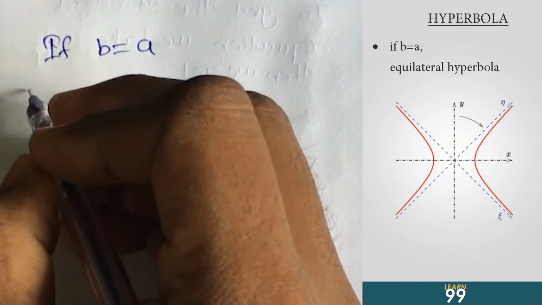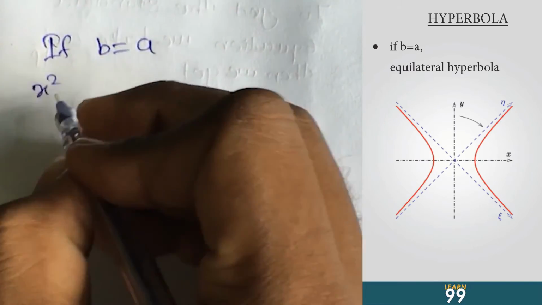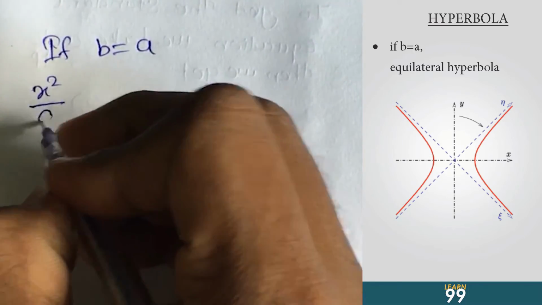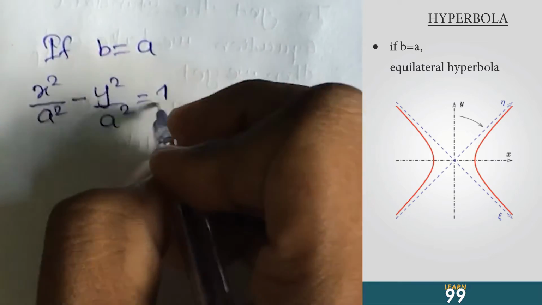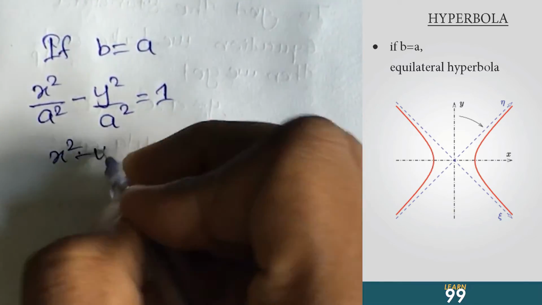Let's note another small thing, that if our b is equal to a, here we get x squared minus y squared equal a squared.